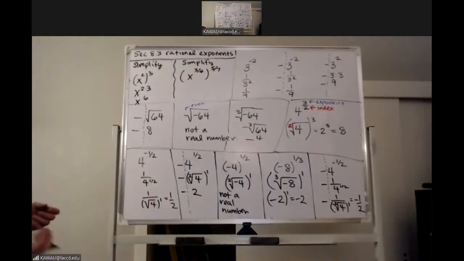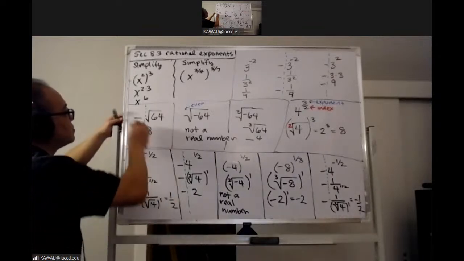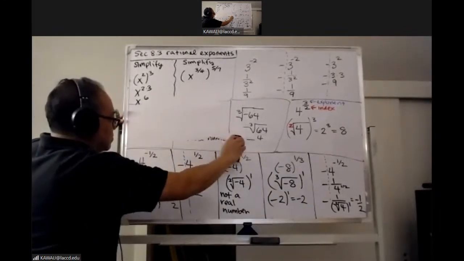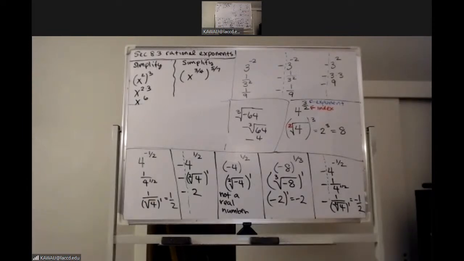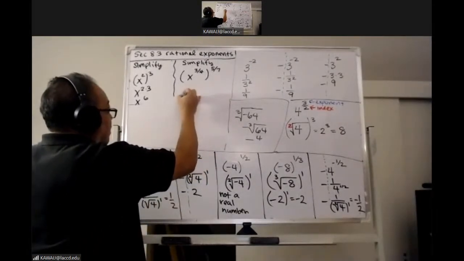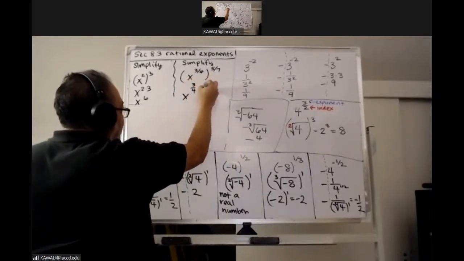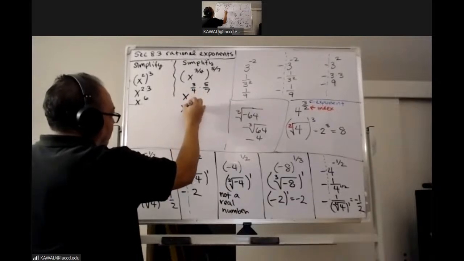And all you do is multiply the fractions. So we have x to the 3 over 4 times 5 over 7. So we have x to the 15 over 28.